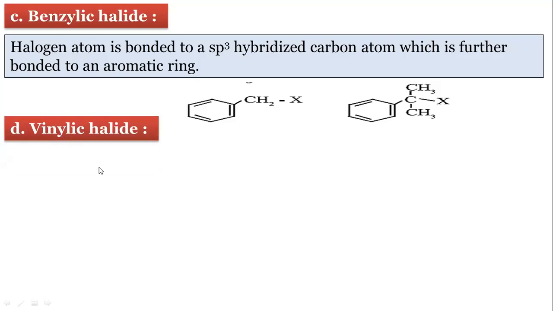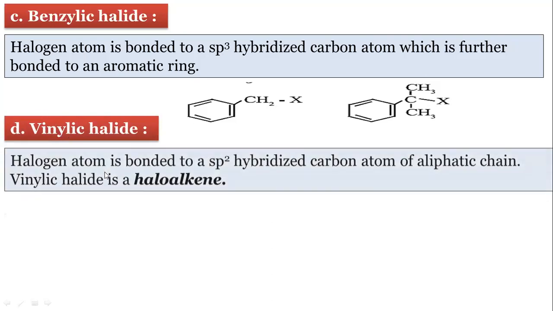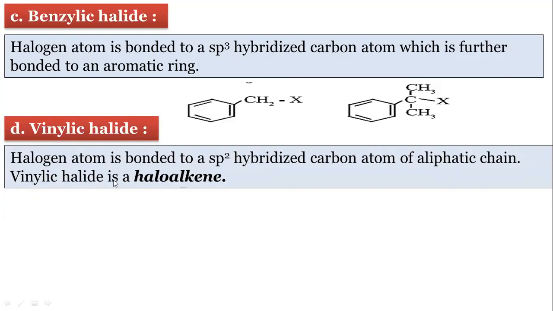Then vinylic halides, in which the halogen is bonded to an sp2 hybridized carbon atom. See, this halogen is bonded to this carbon, which is sp2 hybridized. Why sp2 hybridized? Because it is bonded to a carbon-carbon double bond.